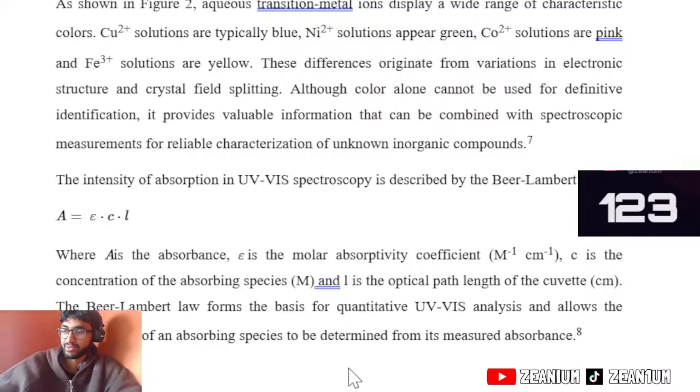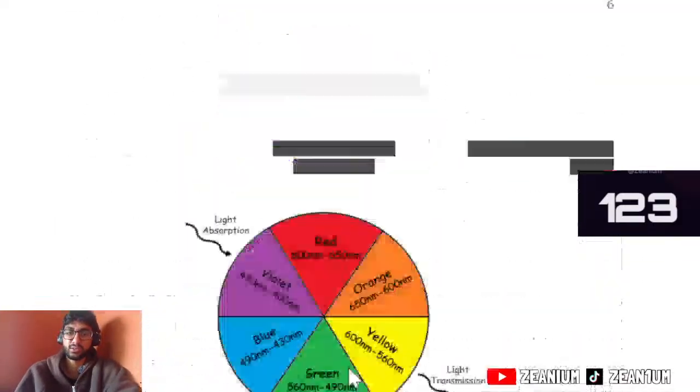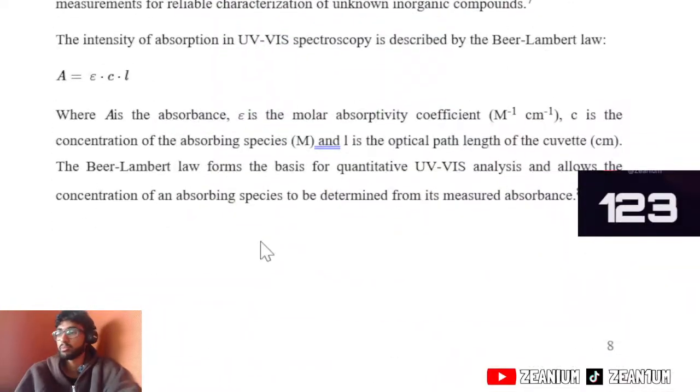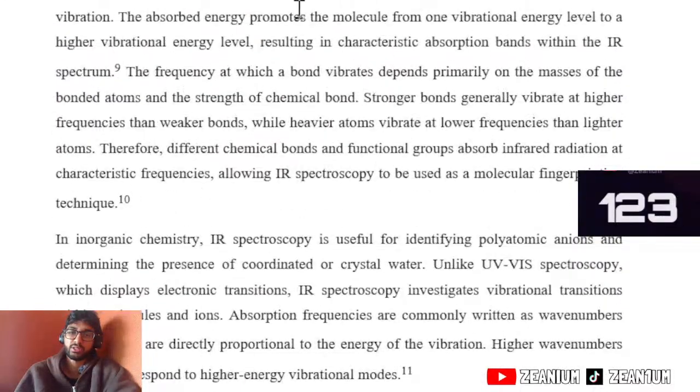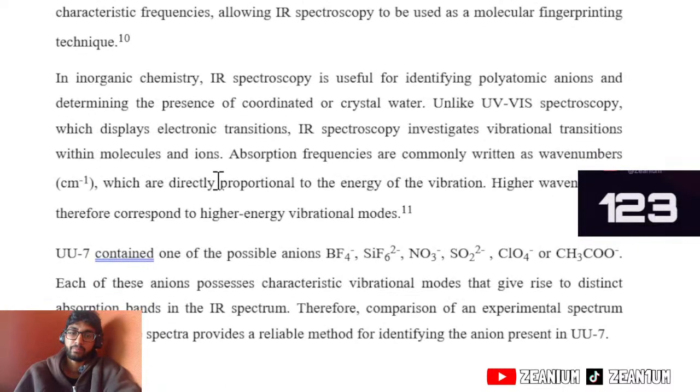Anyway. Okay, so this is the UV-Vis in inorganic chemistry section. So a bit of theory, and then we have the IR spectroscopy in inorganic chemistry, just a little theory about that.